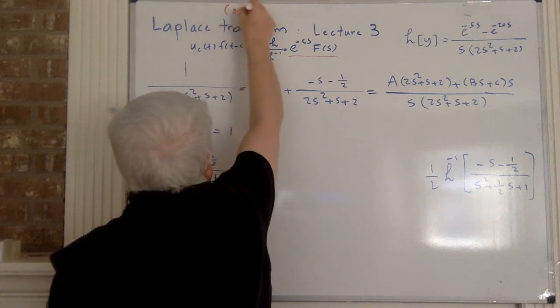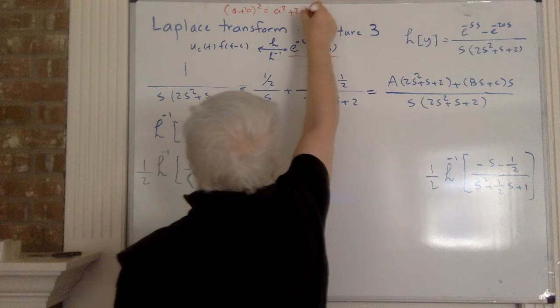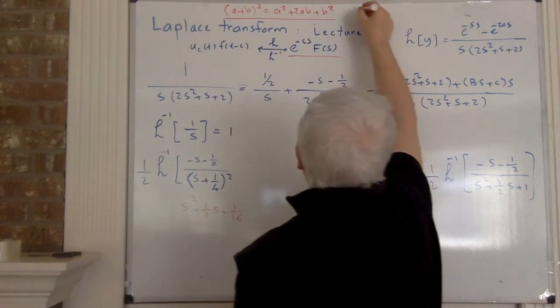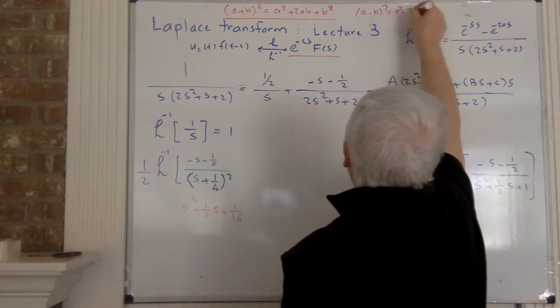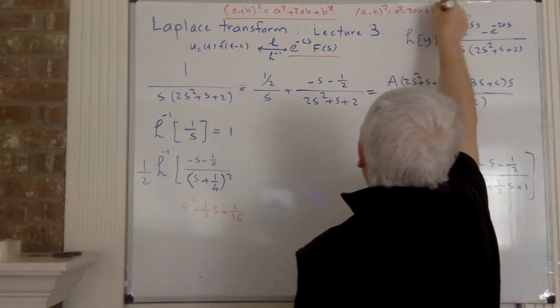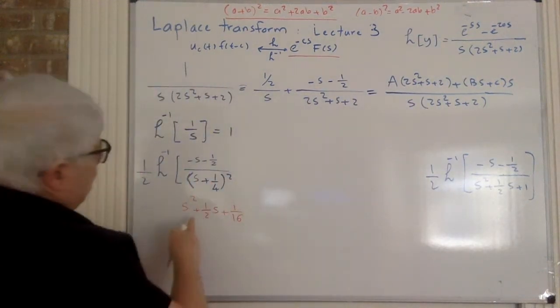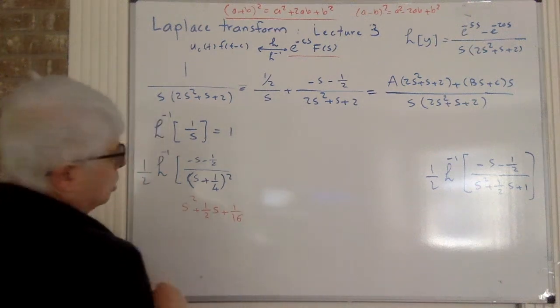A plus B squared is A squared plus 2AB plus B squared. Don't forget, this is important. And A minus B squared is A squared minus 2AB plus B squared, right? So this is in fact this first one. Now look over there, I have +1 and I have +16.